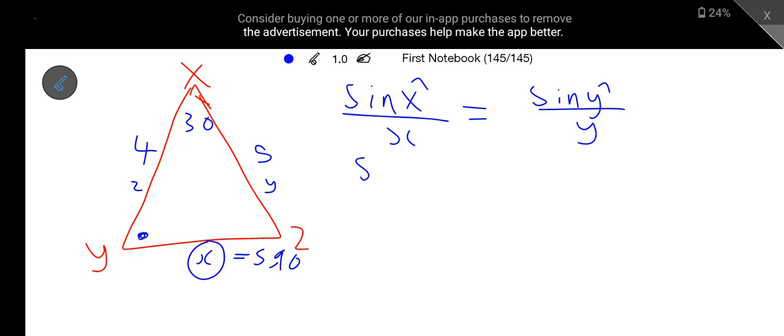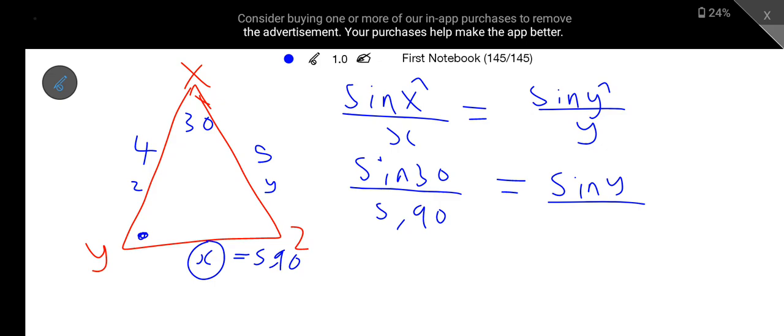Sine X is simply sine 30 over x, which is 5.90. We just found it now, and we're looking for sine Y, so it's sine Y over y, which is 5. So sine 30 is half, so if we do cross multiplication, we'll have 1 times 5 is equal to 5.90 multiplied by sine Y.